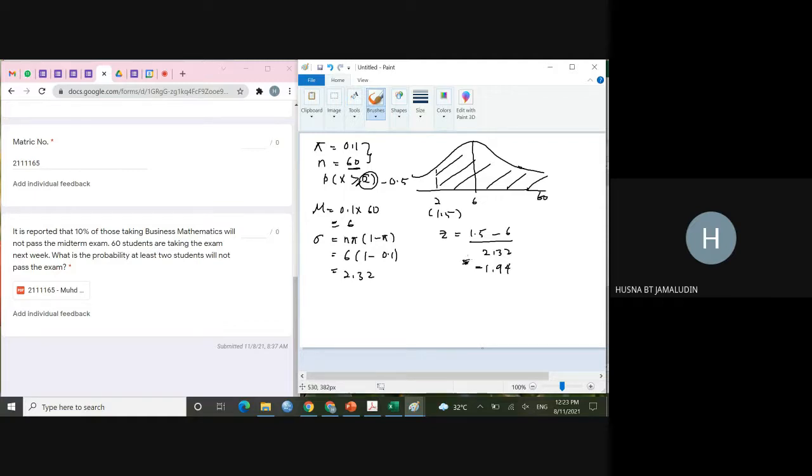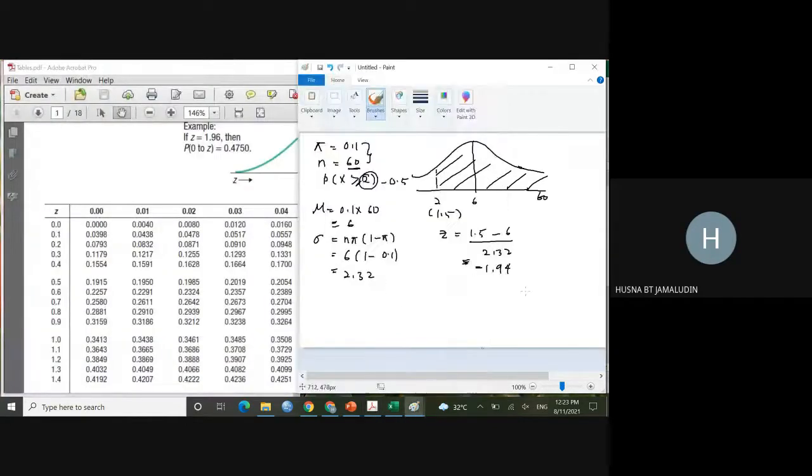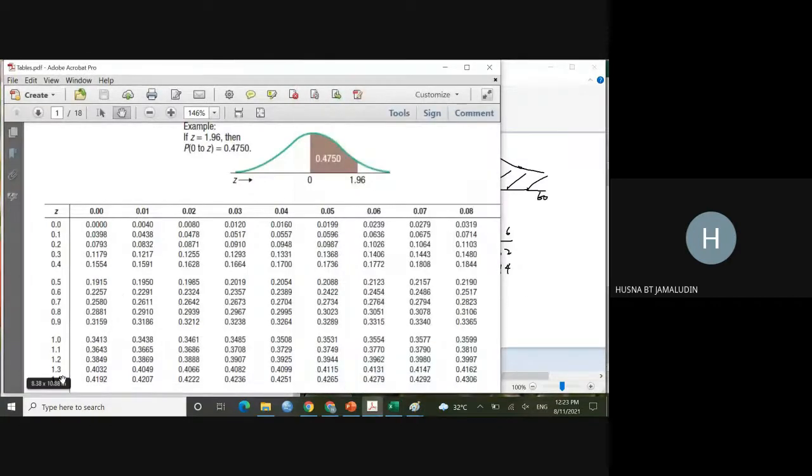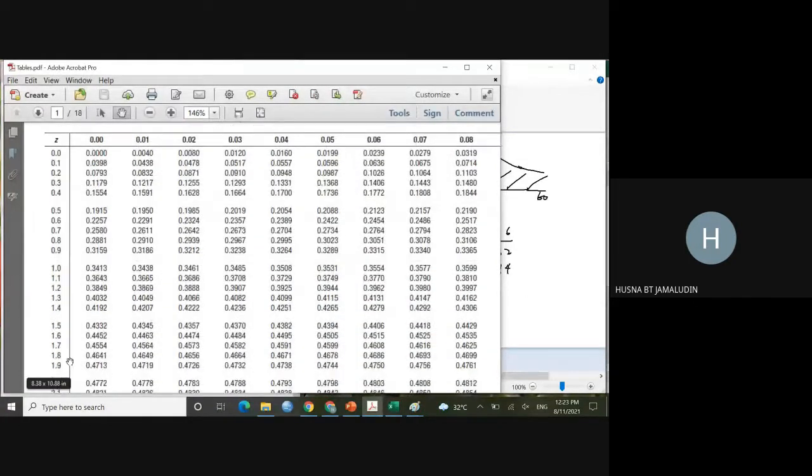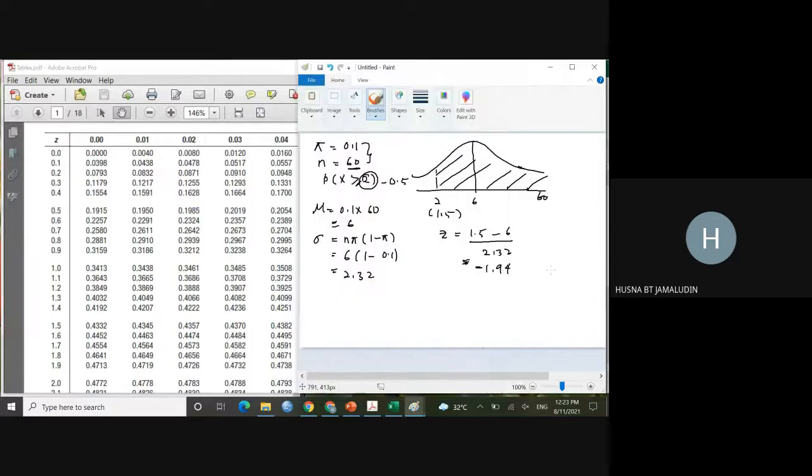So how to find the probability? The table. So where is the table? 1.94, you should get the value of 0.4738.